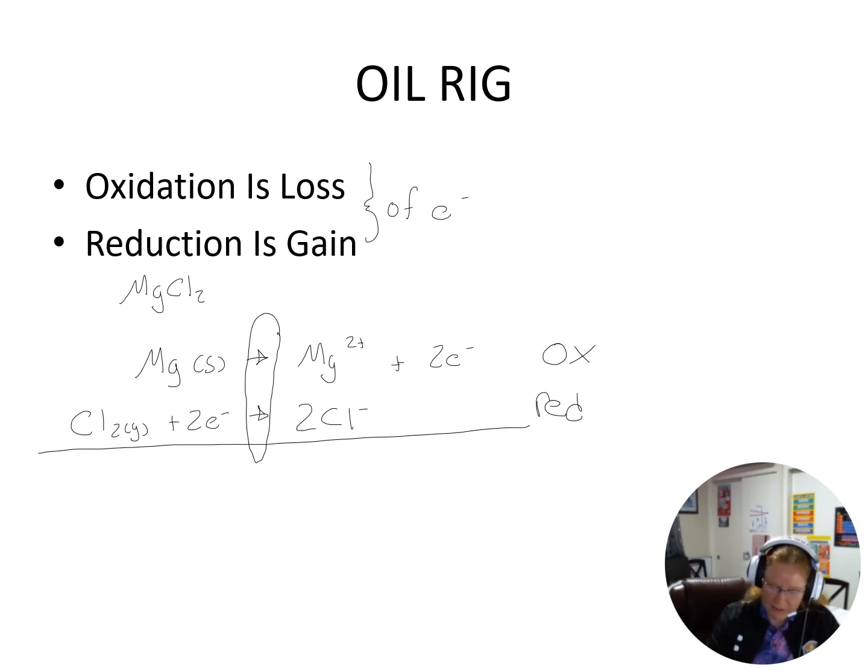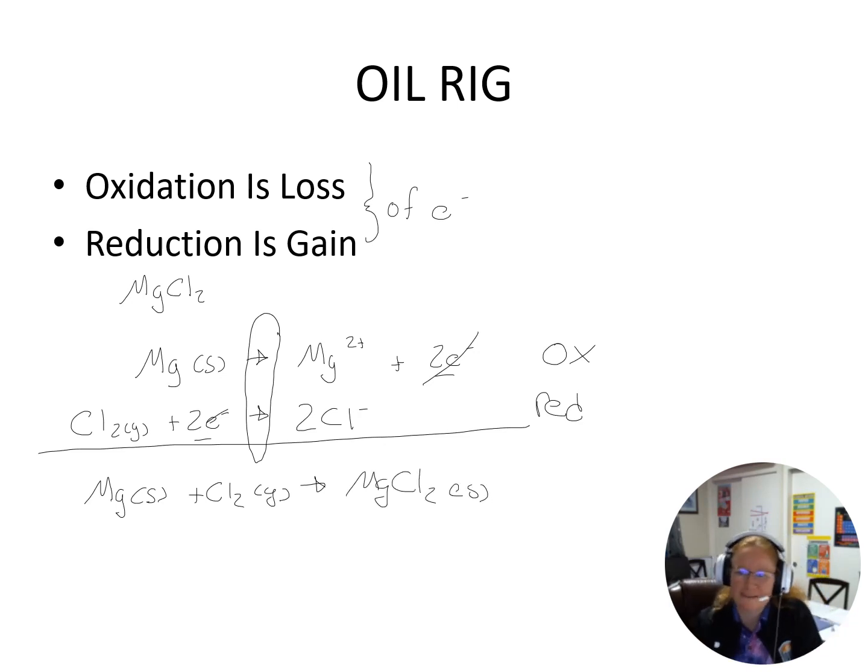I have 2 electrons on my product side and 2 electrons on my reactant side. They're going to cancel out. So now my magnesium and my chlorine give me magnesium chloride, and the electrons don't show up in that final reaction.